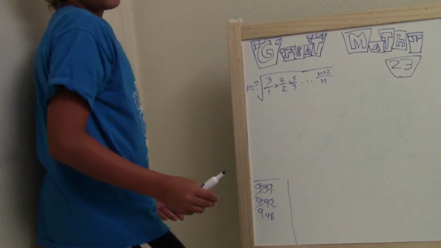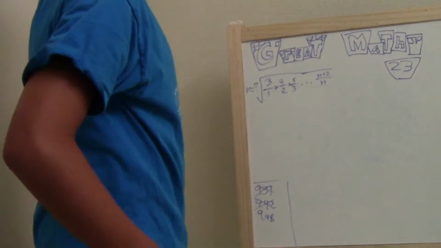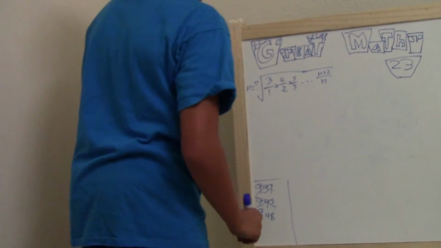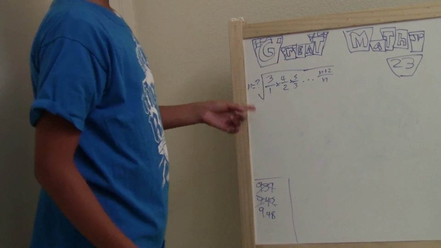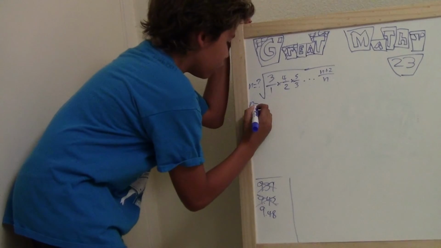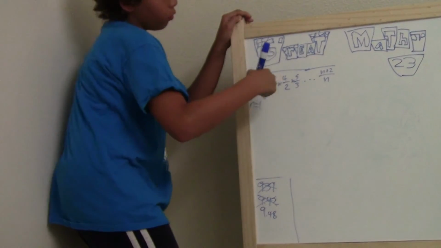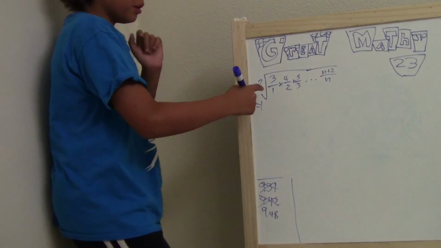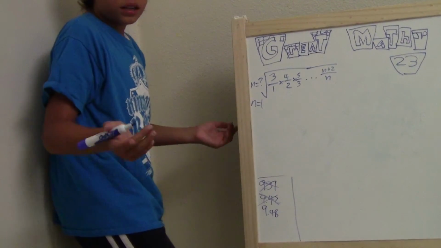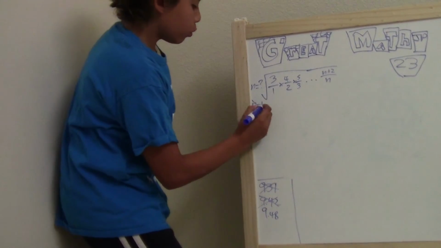So what we're trying to find is a number. Okay, so let's try 1. If you find the square root of 3 over 1, that would be the square root of 3. That does not equal an integer, so 1 does not work.